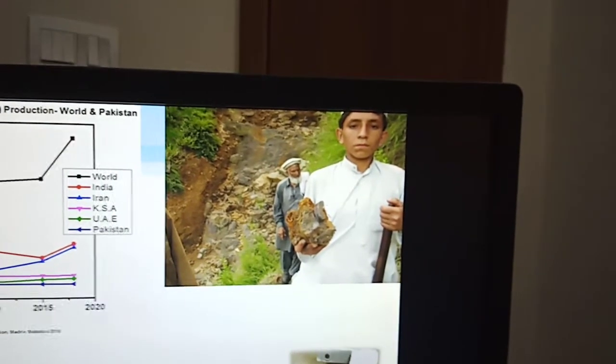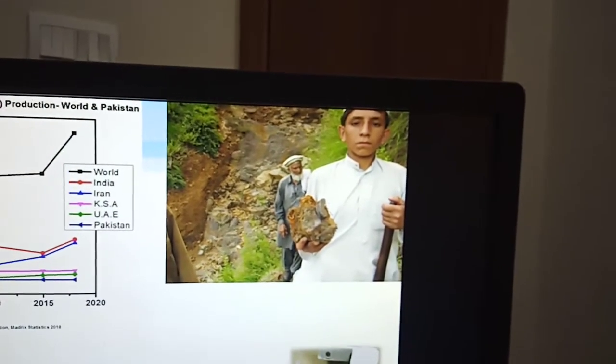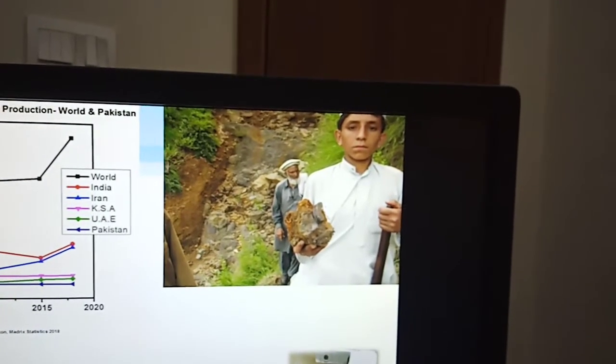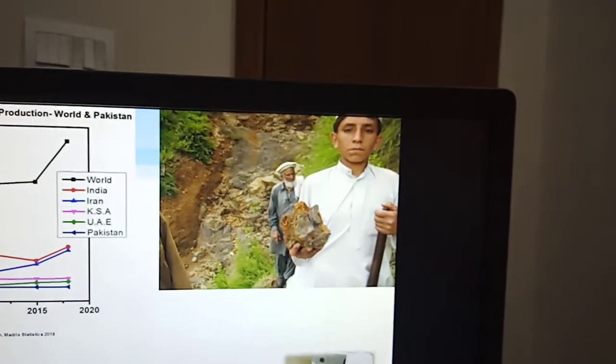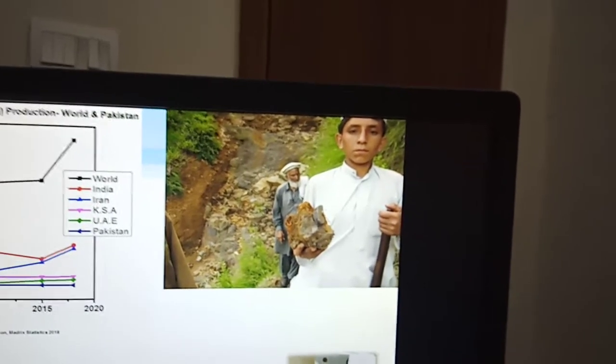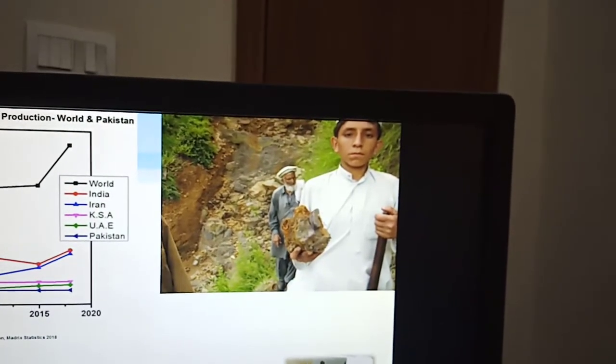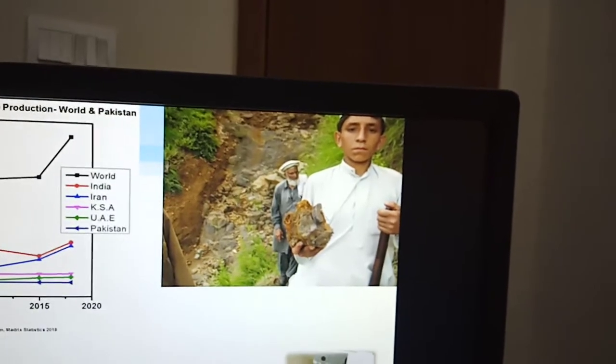So we hope that one day, inshallah, our government and our people will understand these opportunities, and they will then use these potential resources for the betterment of the country.